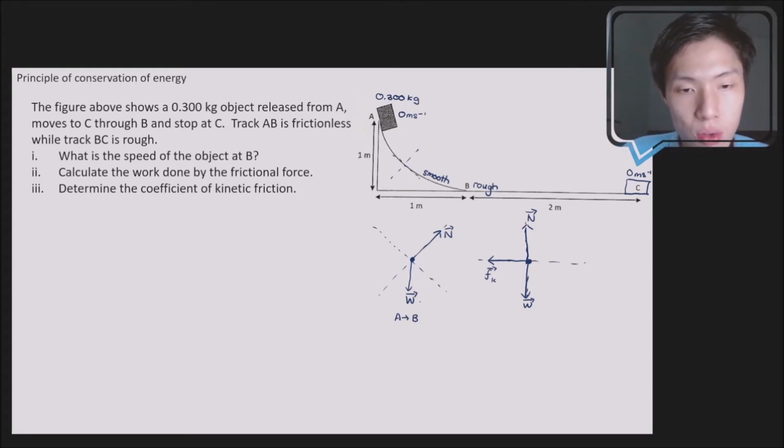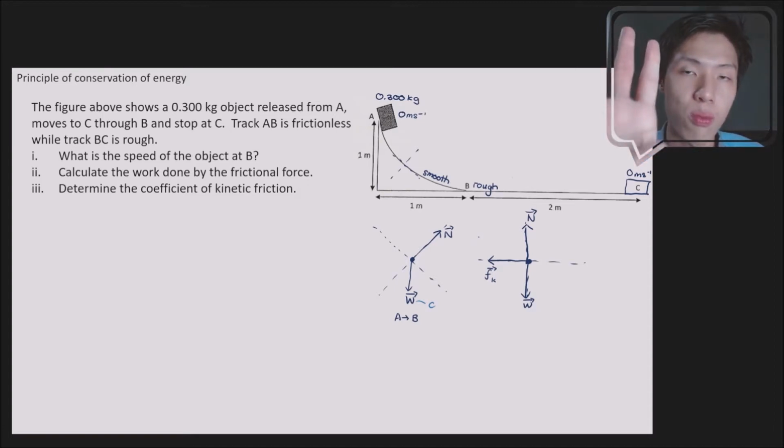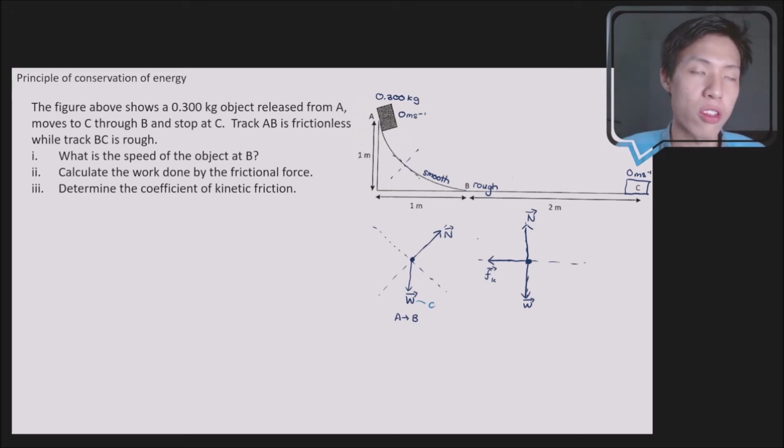The weight over here is a conservative force. The only two forces that are conservative in our syllabus for chapter 5 are the work done by gravity and the work done by the restoring force of a spring. These two are work done by conservative forces. The rest are non-conservative. So the normal force here is non-conservative, and kinetic friction here is non-conservative.